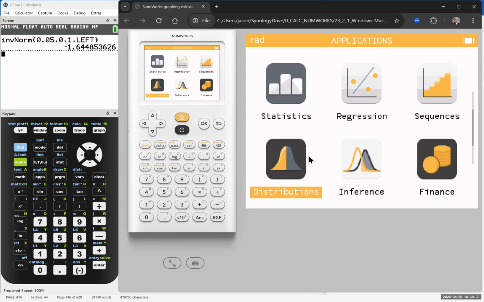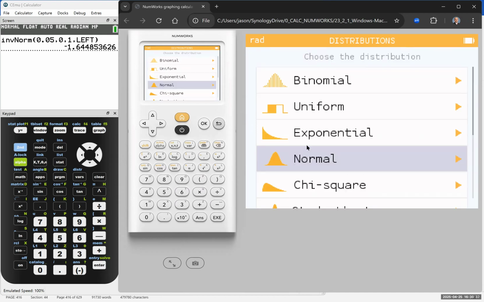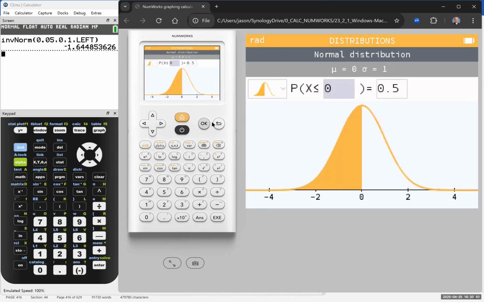I'm going to go to the distributions app now. And let me kind of back out. We want to make sure we're looking at a normal distribution, mean of 0, standard deviation of 1. Area to the left, and it's going to be an area of 0.05.